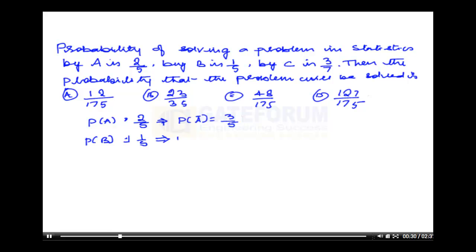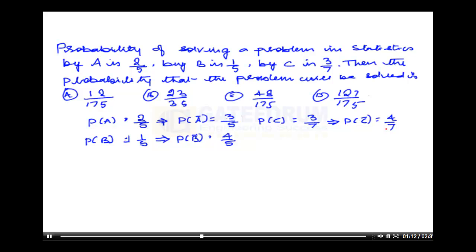This implies not solved by B is 4 by 5. Similarly, the probability of solving the problem by C is 3 by 7. This implies not solved by C is 4 by 7. The question here: we have to find the probability of the problem being solved, means it may be solved by A alone, B alone, C alone, or AB, AC, BC, or ABC.